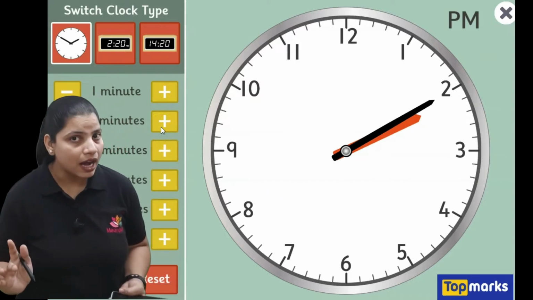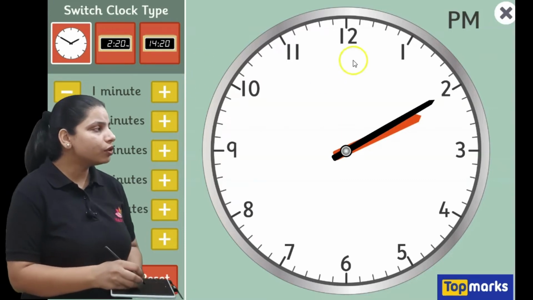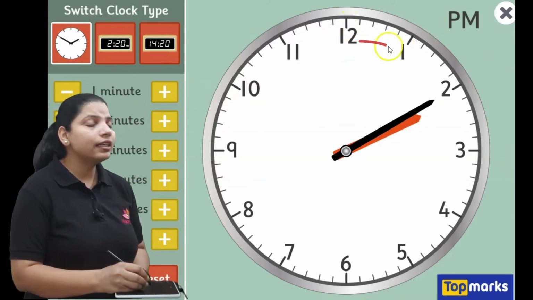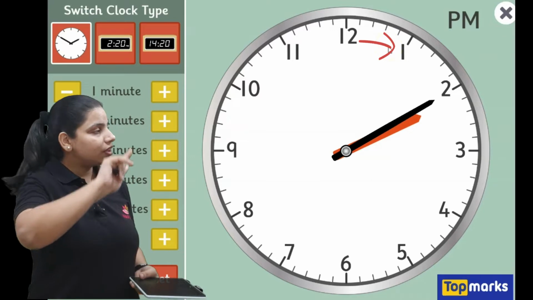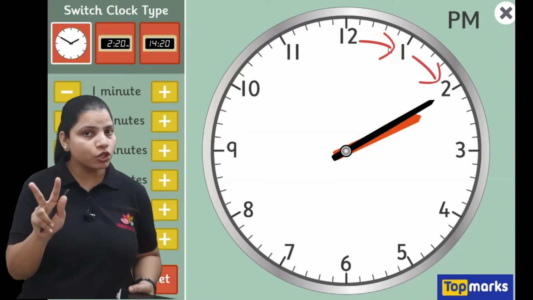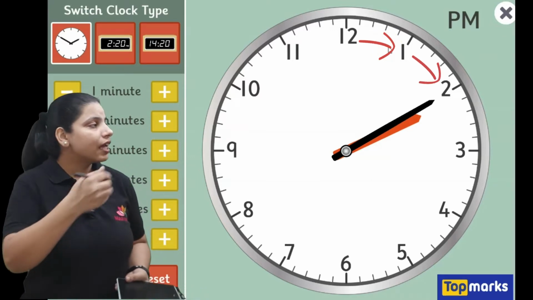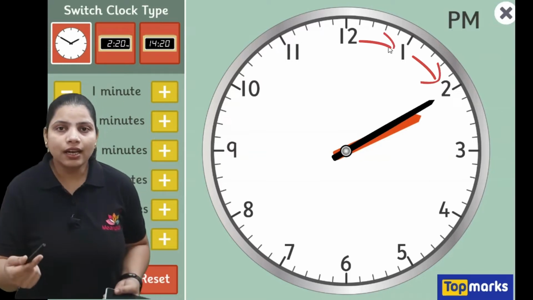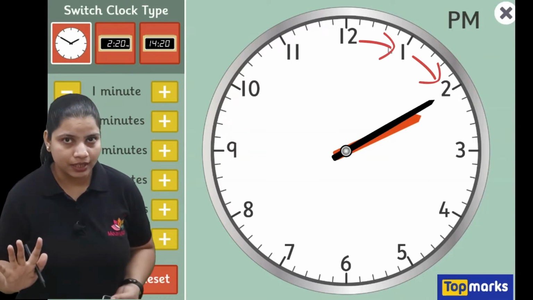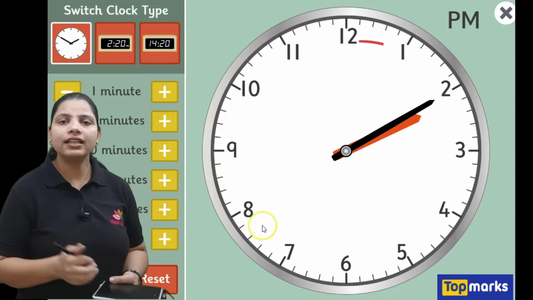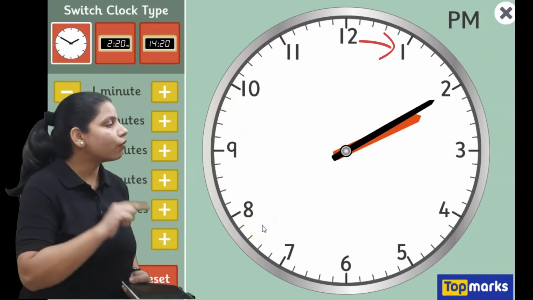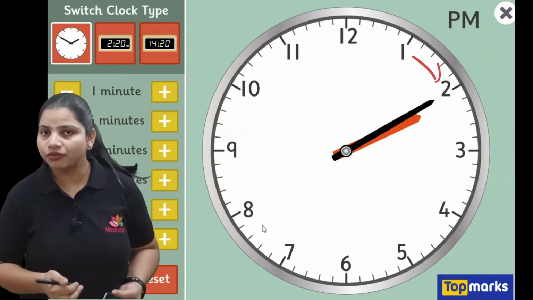Now, what's the time? 10 minutes past 2. How did we come to know? From 12 to 1, 5, then to 2, two jumps of 5, that means 10. From one number to the next, we have a jump of 5 minutes.